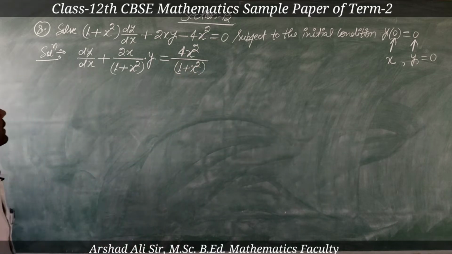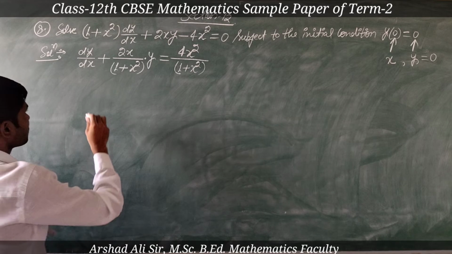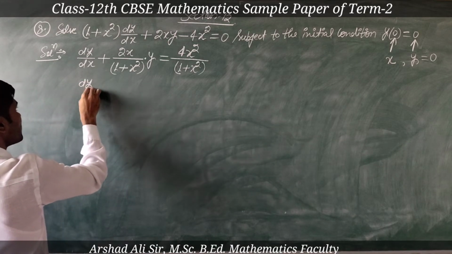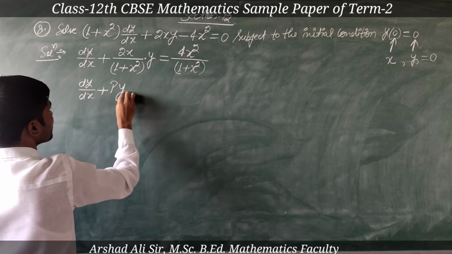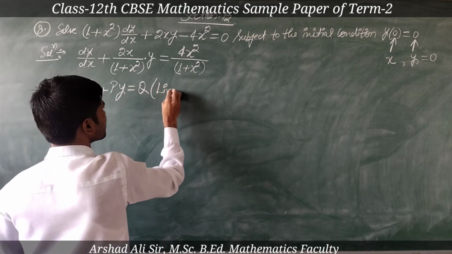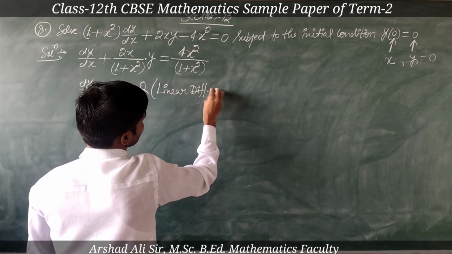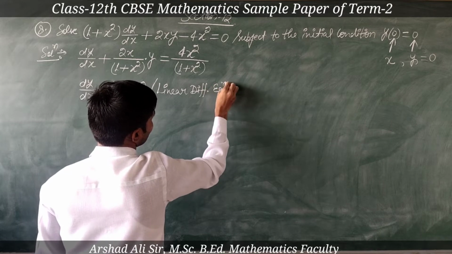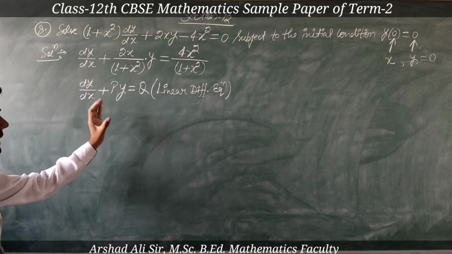Okay. Now this is a linear equation, so we can compare it with the equation dy over dx plus py is equal to q. It is a linear differential equation. Here p and q are functions of x.